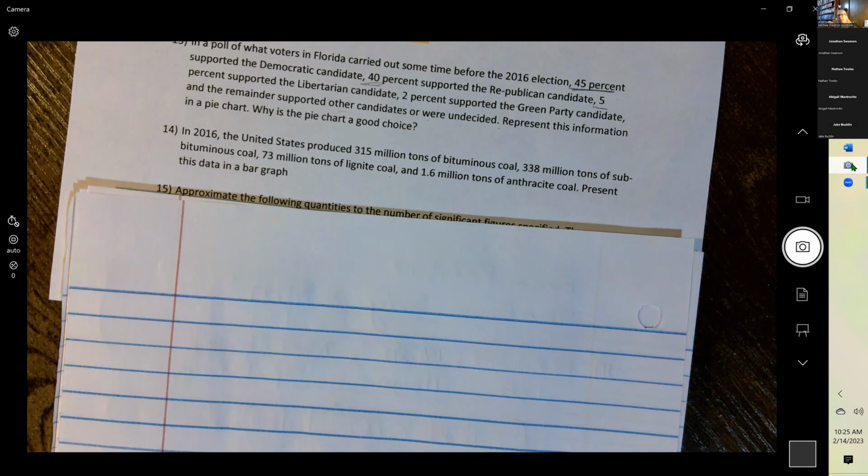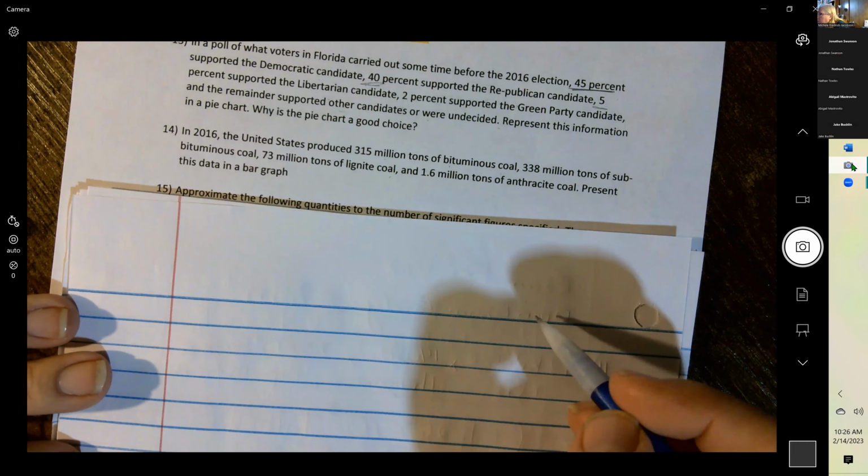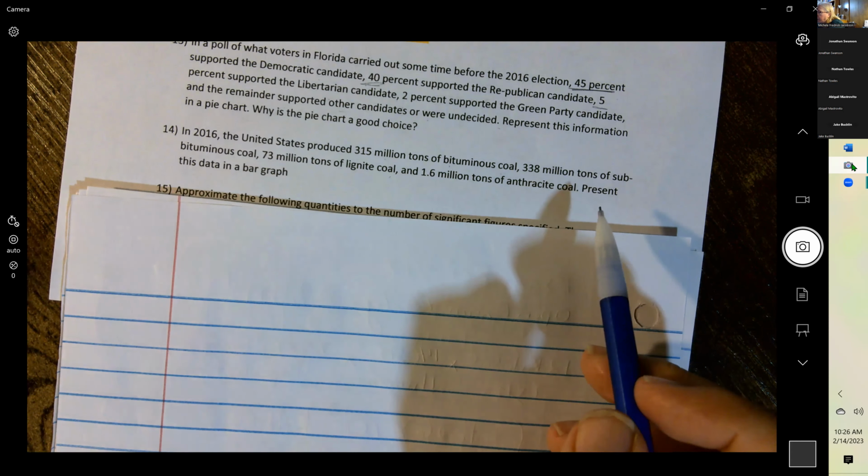Remember, a bar graph can either go up and down or horizontal. The bars do not touch, and they don't have to be in an order. Which way is better? I'm going to go across because then I can write the words better.